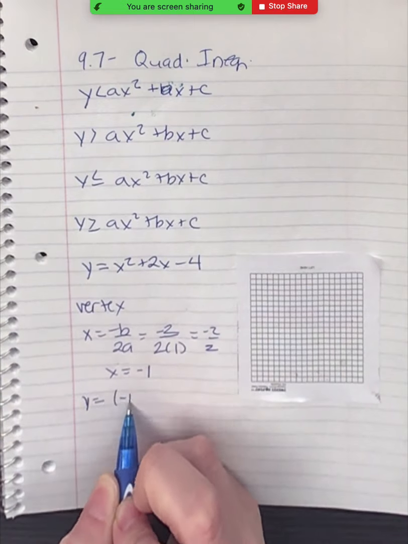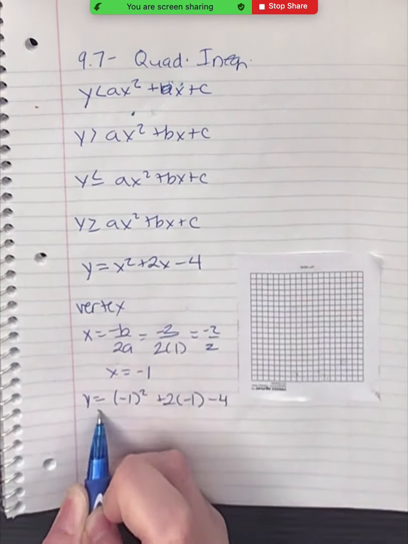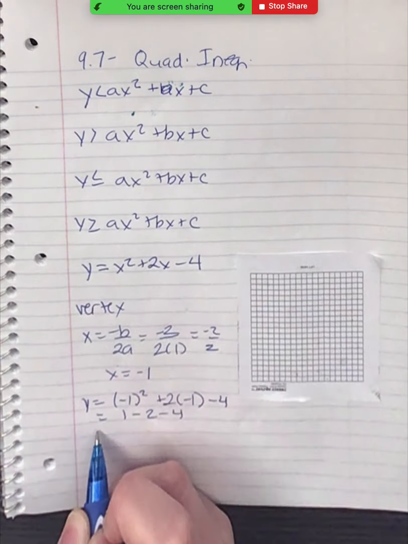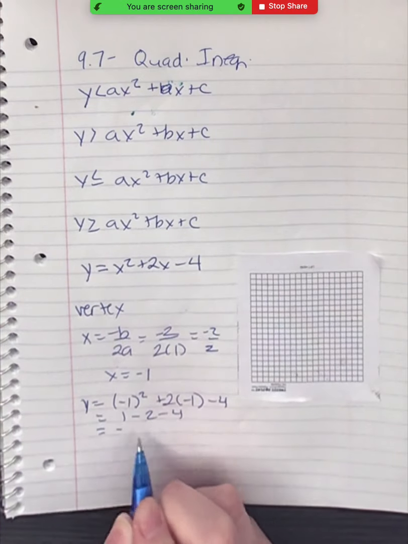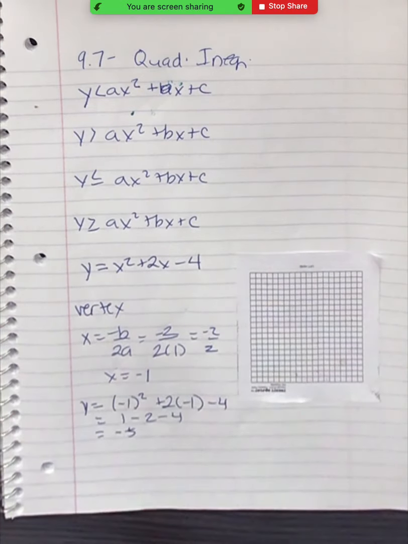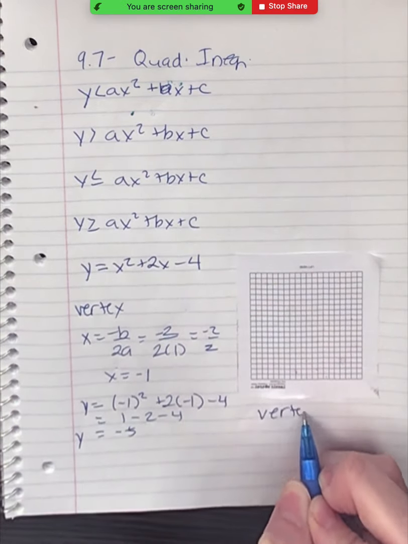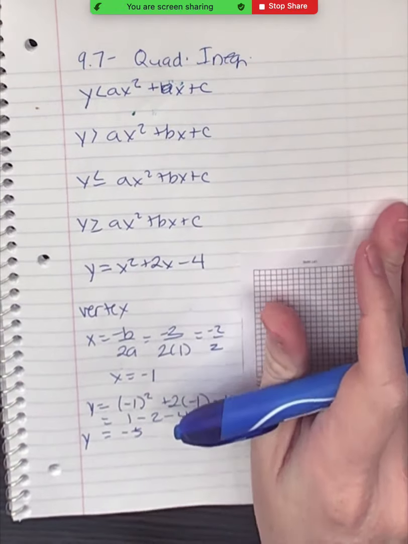So negative 1 squared plus 2 times negative 1 minus 4. So 1 minus 2 is negative 1, minus 4 is negative 5. So the vertex is at negative 1, negative 5, okay?